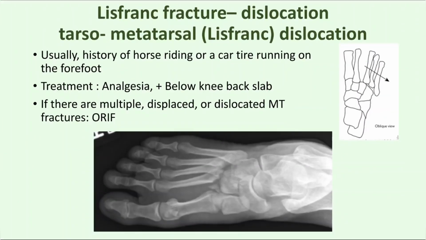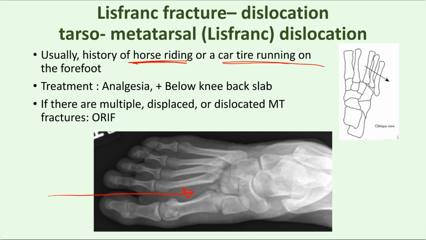Another commonly missed injury is called Lisfranc fracture. There is dislocation and fracture of the tarsometatarsal joint. The history is usually due to horse riding or a car tire running over the forefoot.